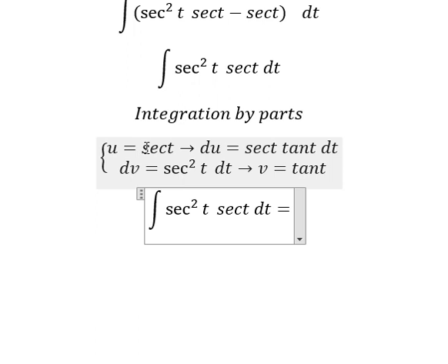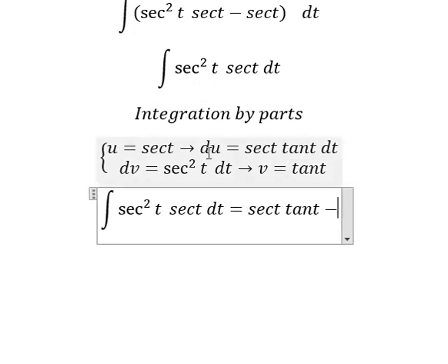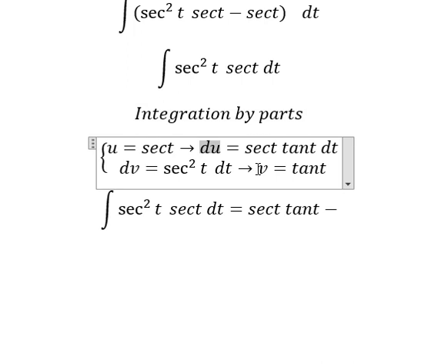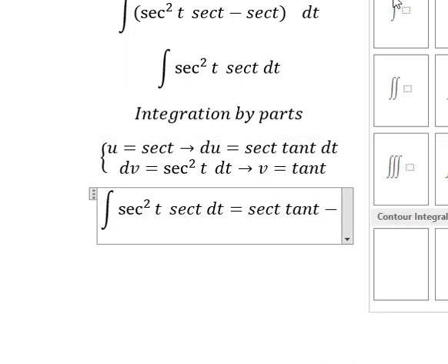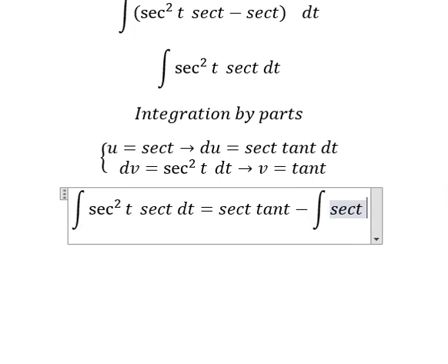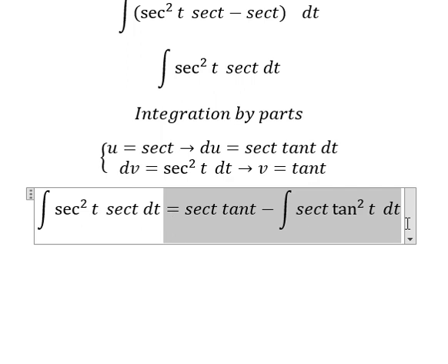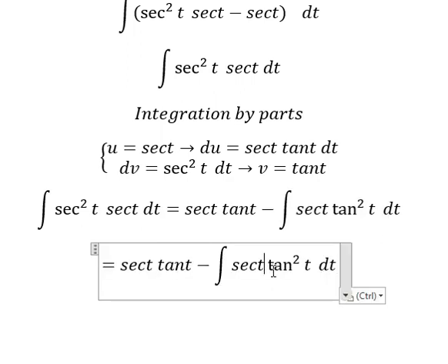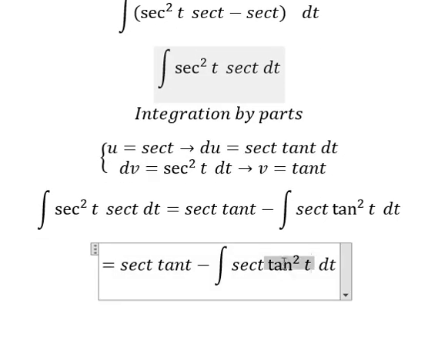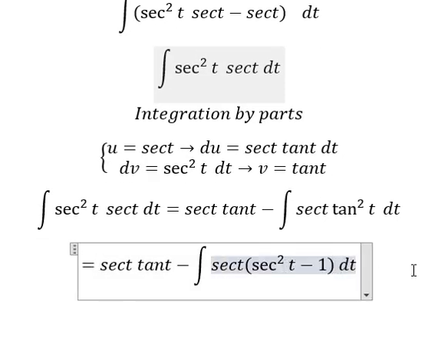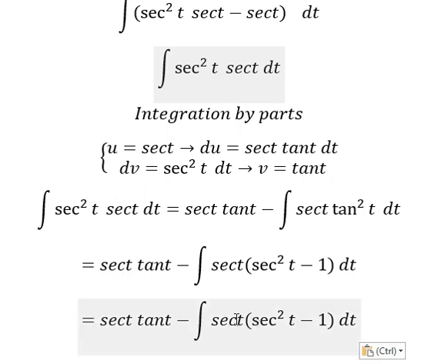So we have u multiplied by v minus the integration of u multiplied by v, so we have the integration secant of t tan t square dt. About tan t square, that is this one. And now we need to expand this one.